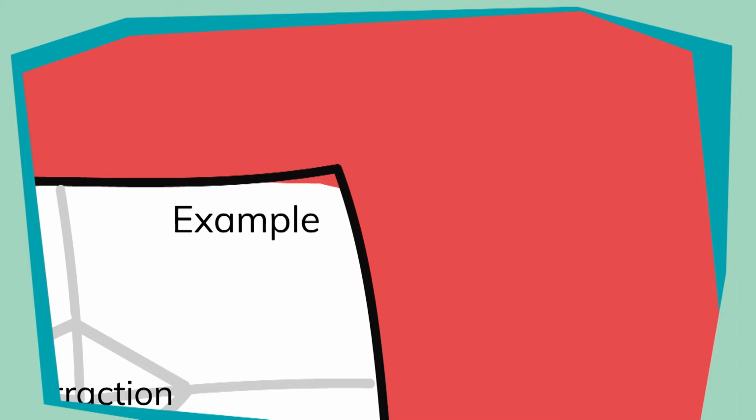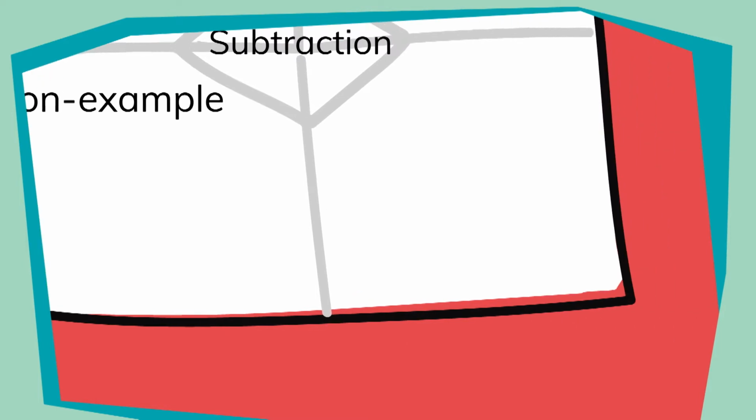Then, in the lower left rectangle, we'll provide a non-example, or what subtraction is not, so write non-example here. And finally, in the lower right rectangle, we'll draw a picture to help us visualize what subtraction is. So let's write picture here to remind us of what we're supposed to do.